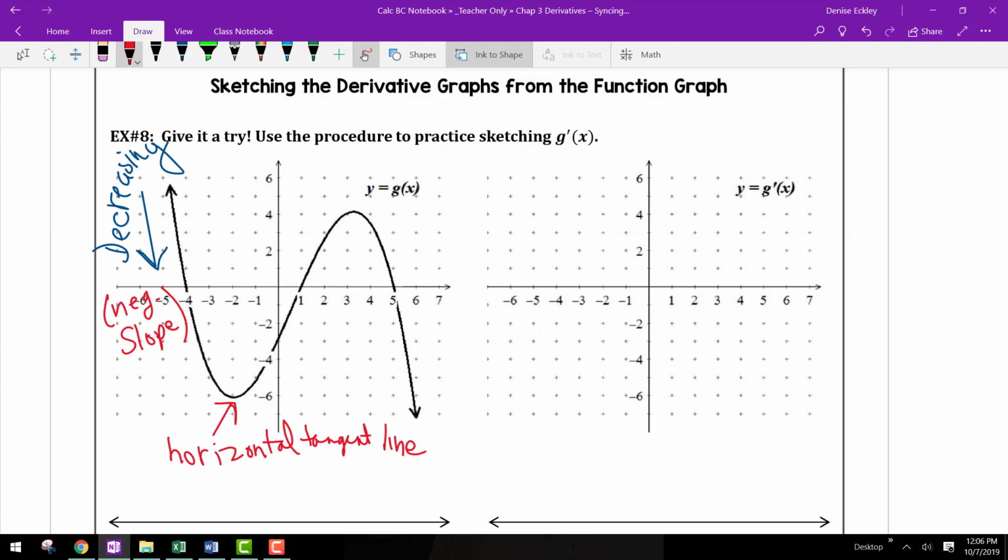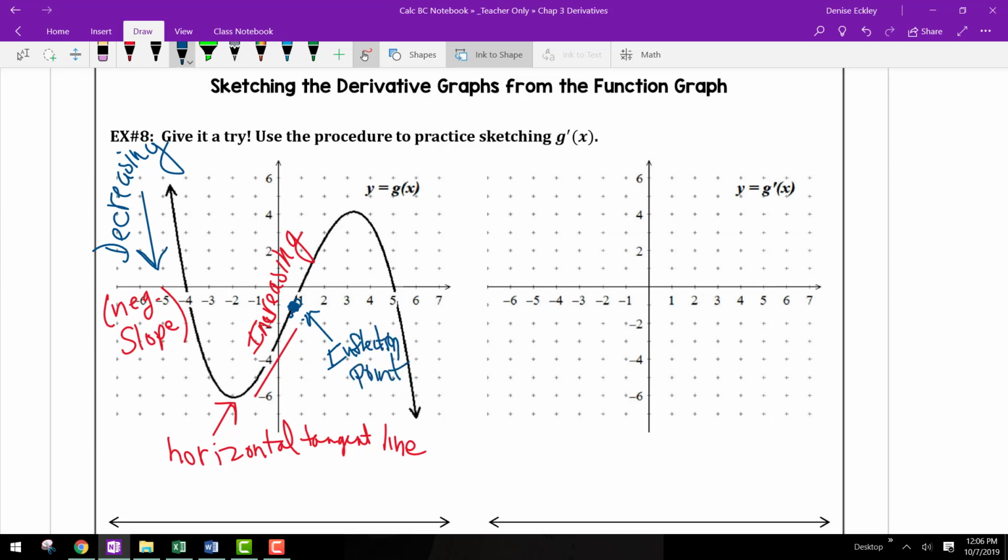And then we are increasing along here. Okay, and if you notice, our concavity has changed. So right in the middle of this curve, we have an inflection point where it flips over.